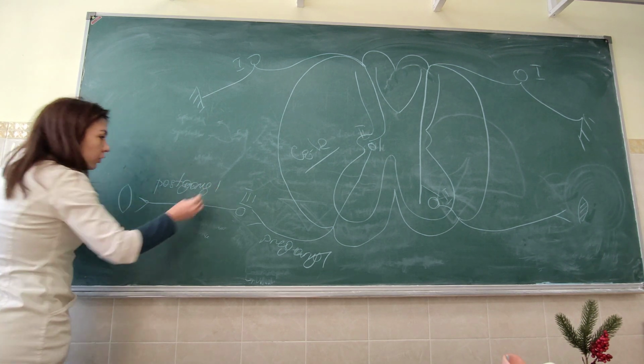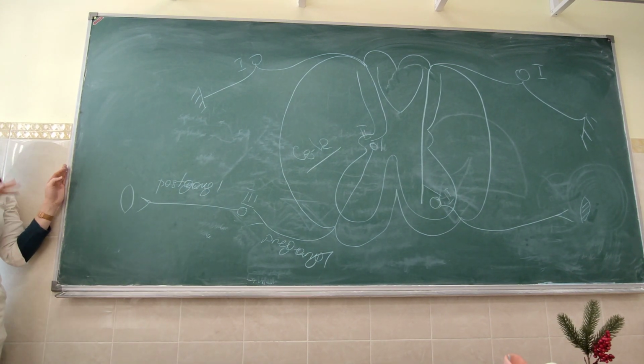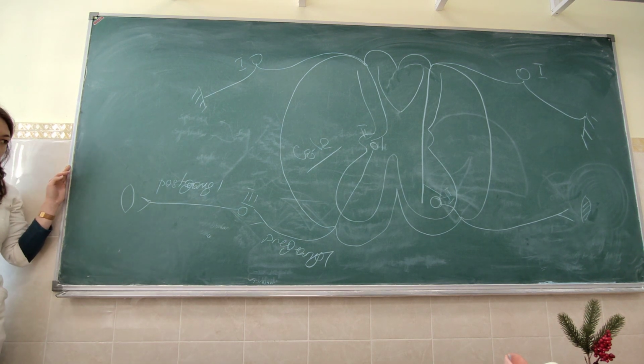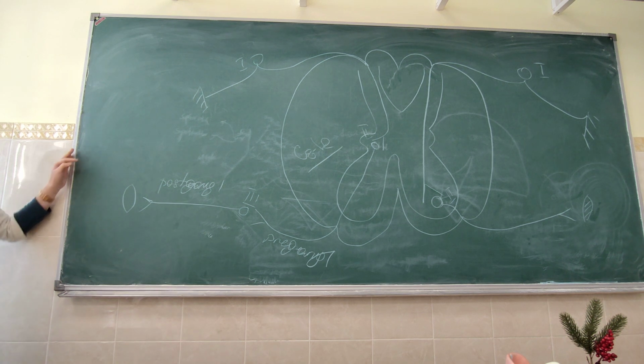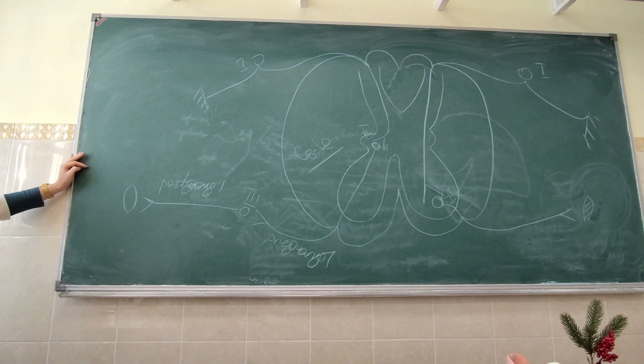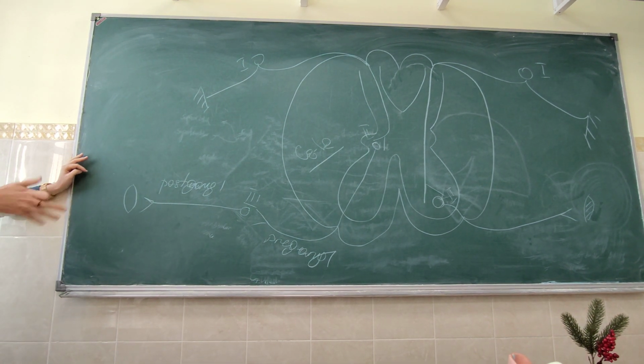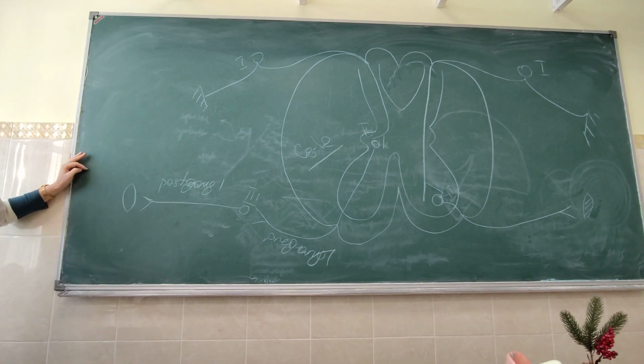And when at the very first lesson in this semester we studied these general issues of the nervous system, we were saying that in most neurons in our body, the axons are covered by Schwann cells. You remember, yes?